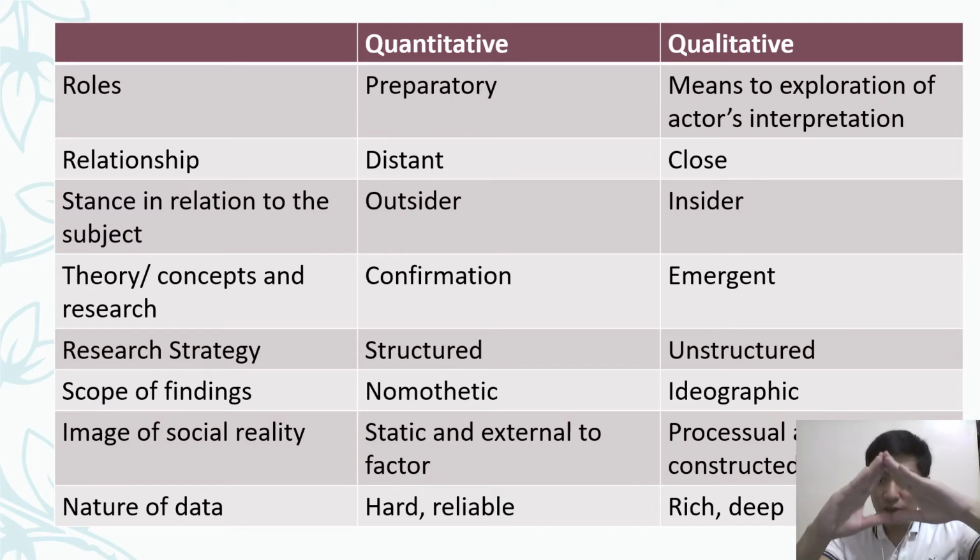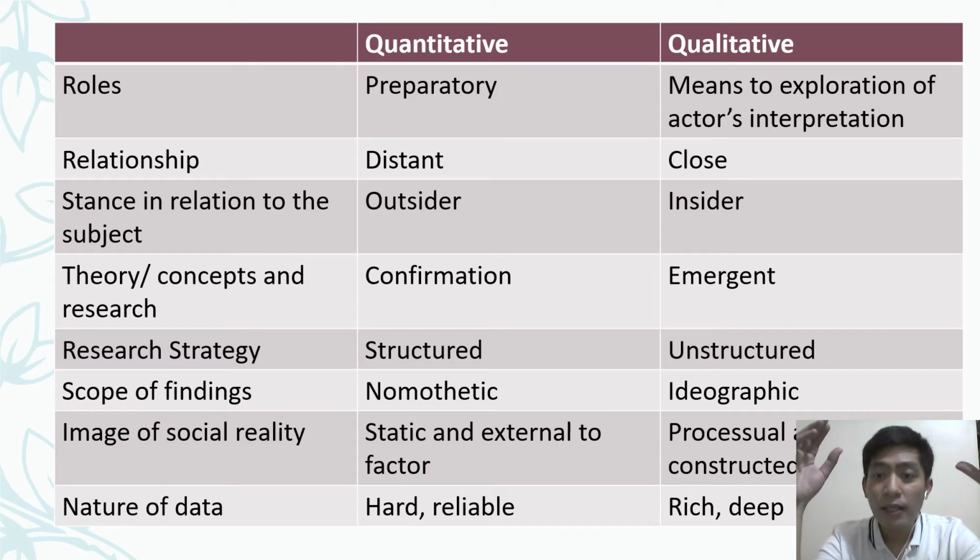In triangulation, there's the observer, the interviewee, and a recorder. So there should be congruencies between the verbal and nonverbal communication, and if there are incongruencies, they should be interpreted and analyzed separately.